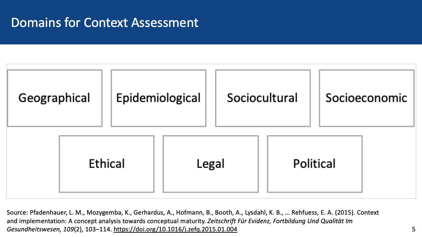Then, related to that, we have the ethical context, which is about reflections of morality, which encompasses norms, rules, standards of conduct, and principles that guide the decisions and behaviors of individuals and institutions. And then we have the legal context.